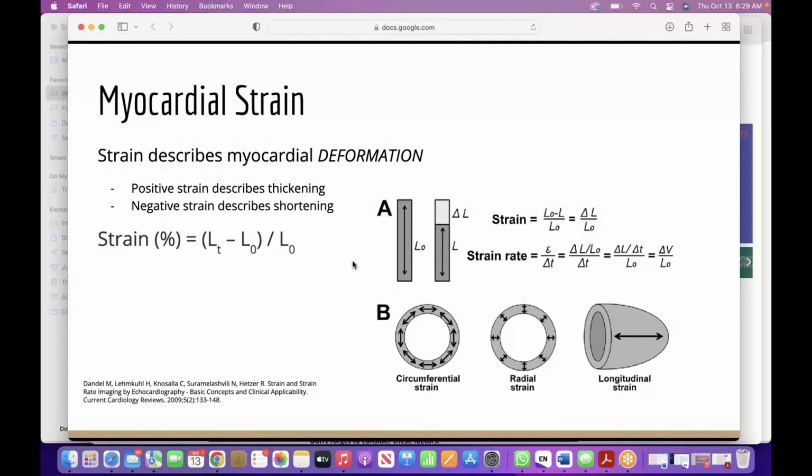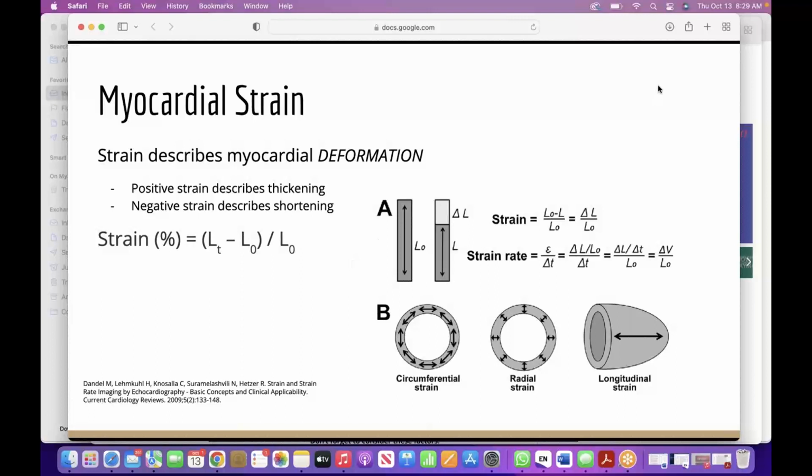I wanted to spend some time discussing myocardial strain. So strain describes more the deformation of the myocardium in multiple planes. When we talk about strain, there's also three types of strain that are used in echo.